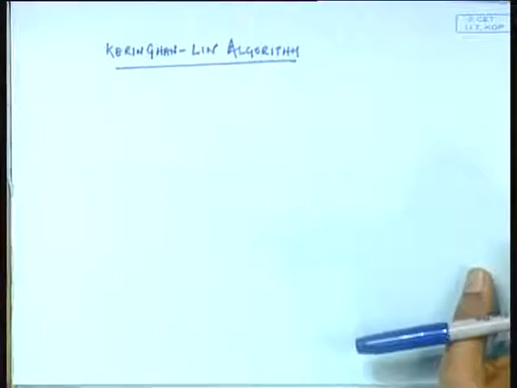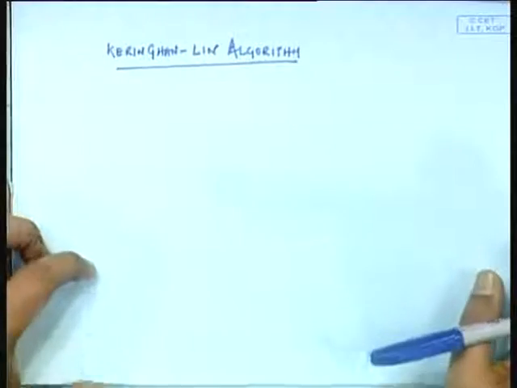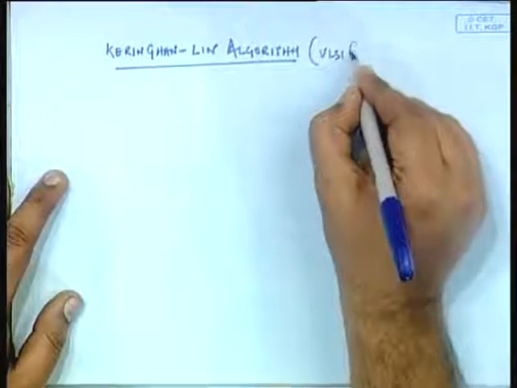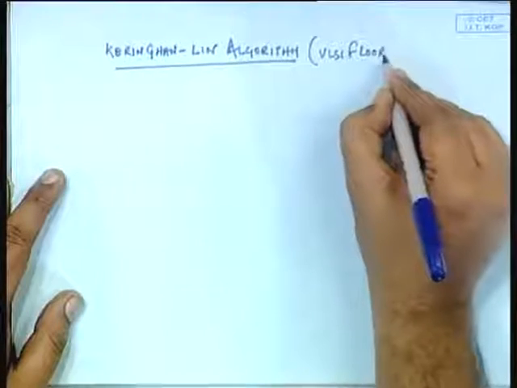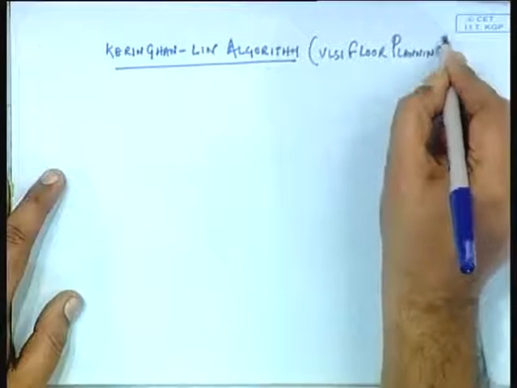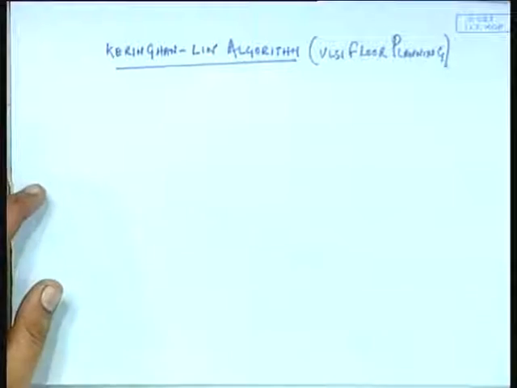Kernighan-Lin algorithm, all of you know where it is used? It is used in VLSI floor planning. It is a very popular algorithm in VLSI.